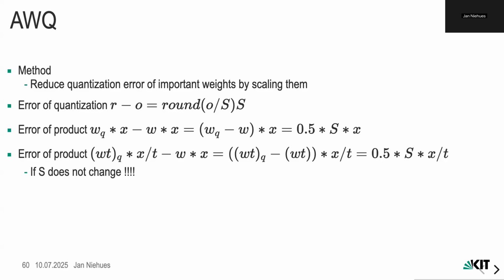And on the outside, relatively seen, the quantization error is not as big. Whether you have values between 0 and 10, or minus 10 and plus 10, if your values are around 1, 0.5 is quite big. If your value is more at 9, 0.5 is no longer as big. So what you're trying to do here is move the important weights to the outside of your scale, because there the relative rounding error is smaller than inside.